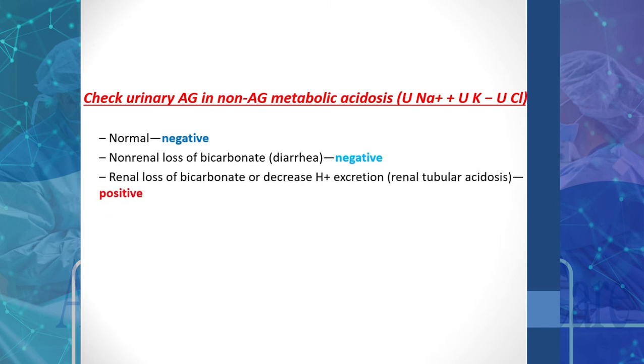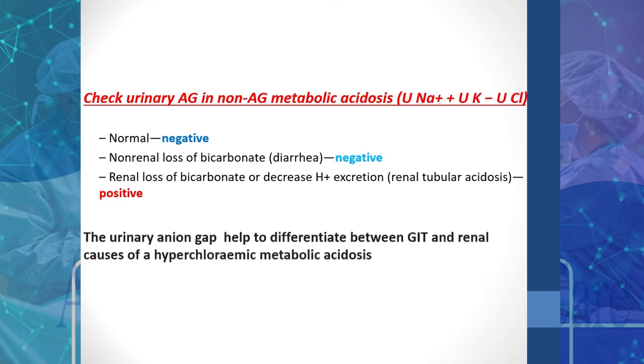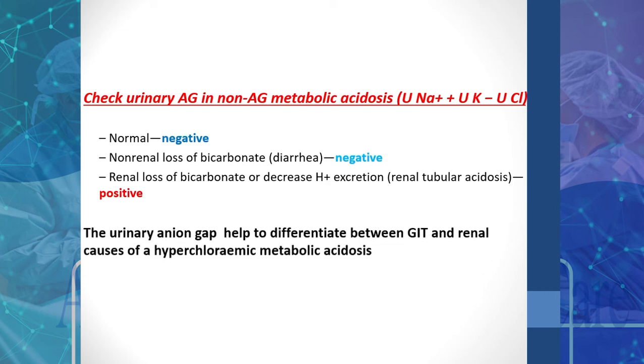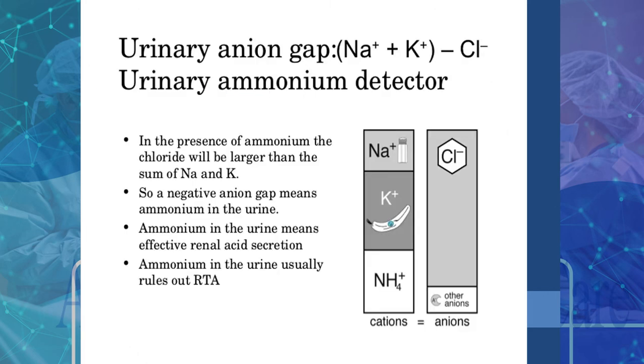It will be positive if there is renal loss of bicarbonate or decreased hydrogen ion excretion in case of renal tubular acidosis. The urinary anion gap helps to differentiate between the GIT and renal causes of hyperchloremic metabolic acidosis. Okay, to be clear, we are measuring sodium plus potassium minus chloride.